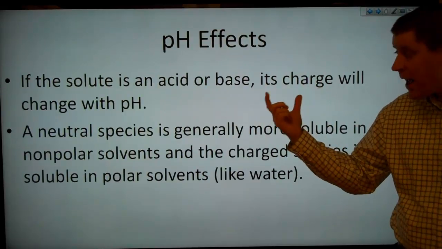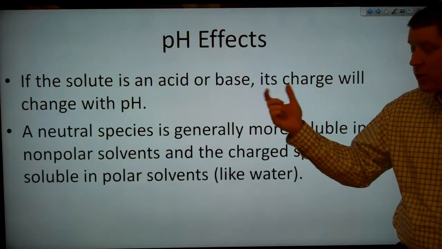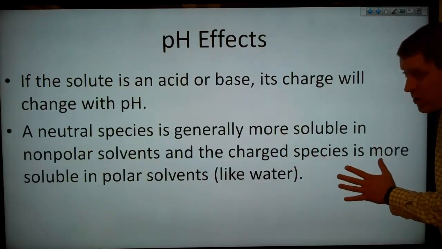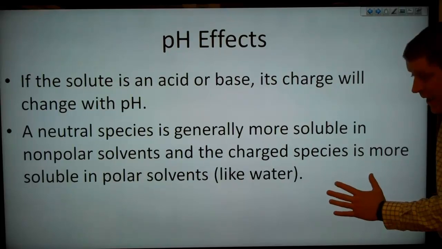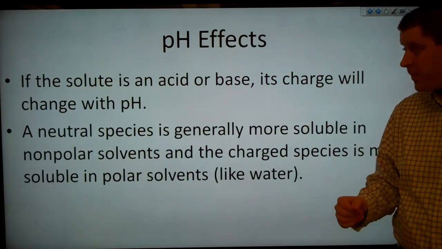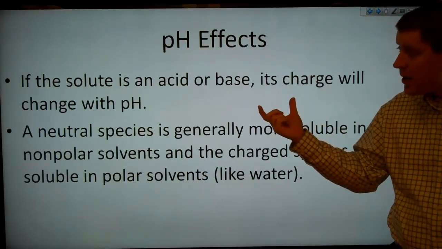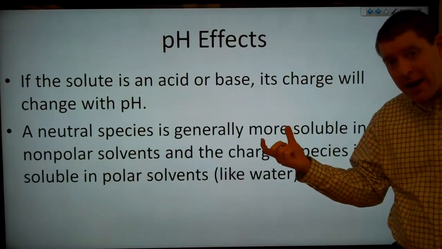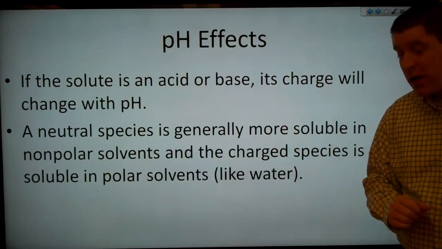So if the solute is an acid or a base, its charge will change with pH. And a neutral species is generally more soluble in nonpolar solvents, and the charged species is more soluble in polar solvents like water. And this means that we can tune the pH to alter that partition coefficient between the organic phase and the aqueous phase.